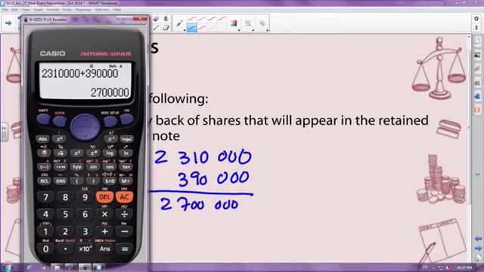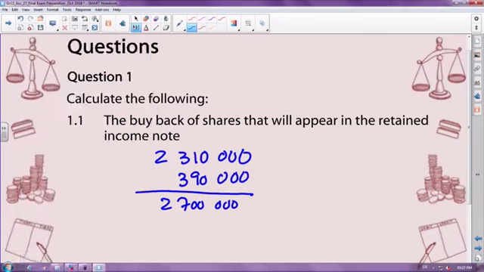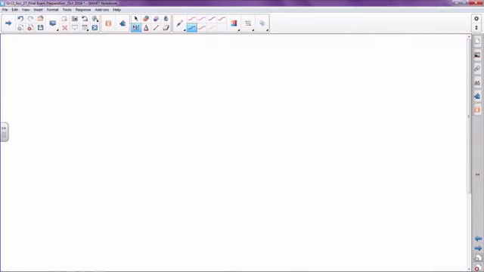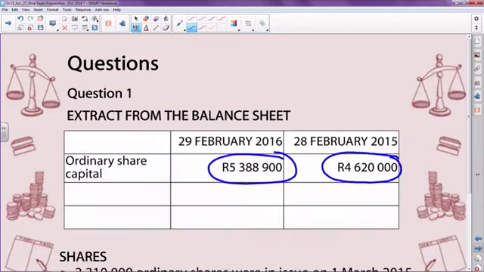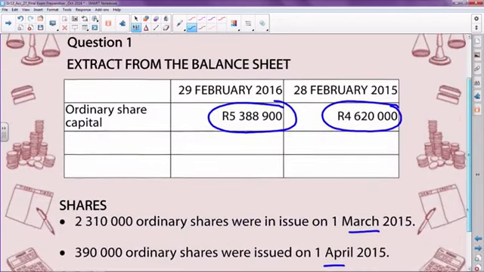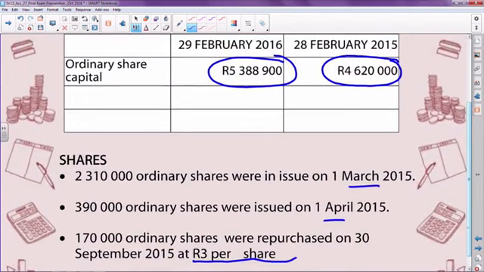Okay, but what happened? Watch what happened. We are told that 170,000 ordinary shares were repurchased when? In September.